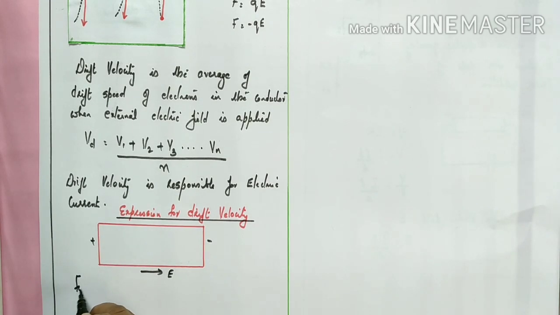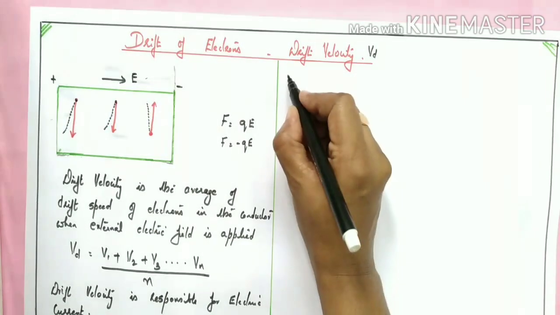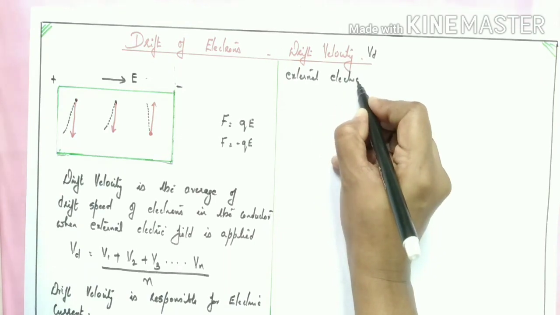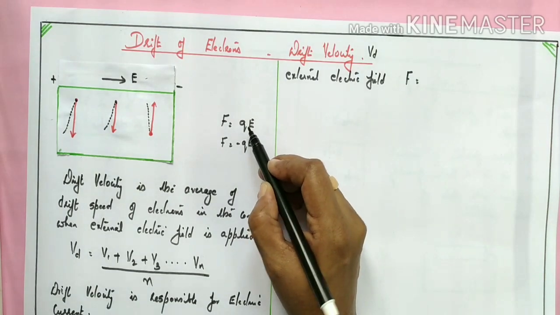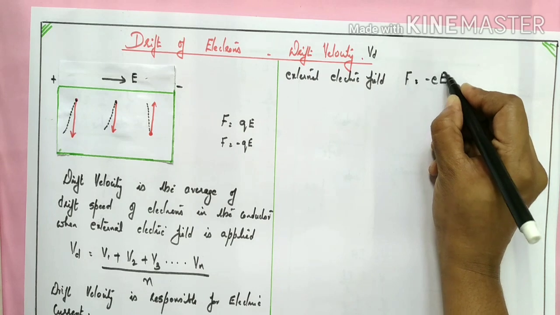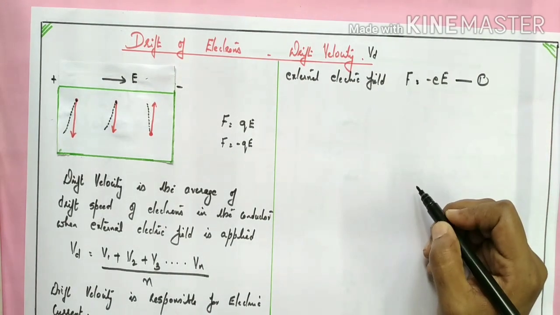Force experienced by the electron due to the external electric field: we know that F equals qE. Here since it is an electron, a negative charge, F equals minus eE. So this is the first force experienced by the electron.